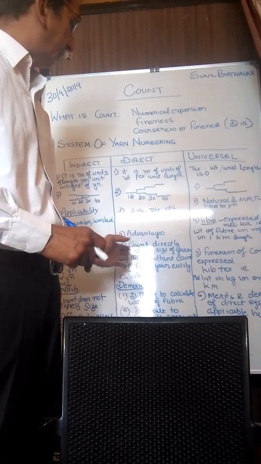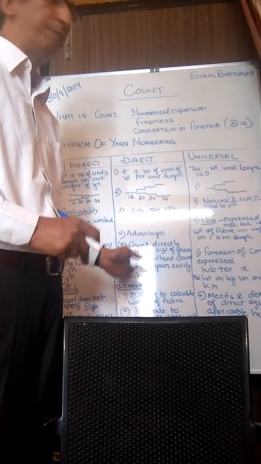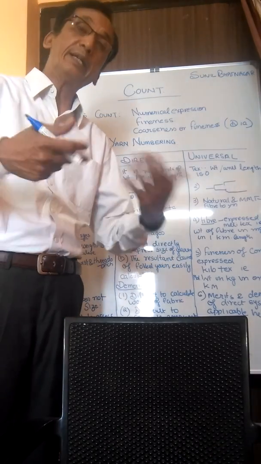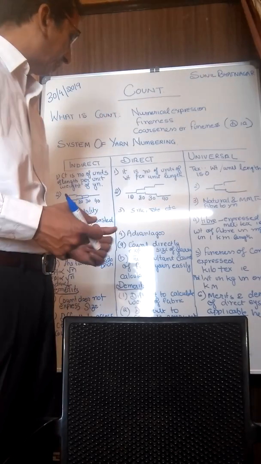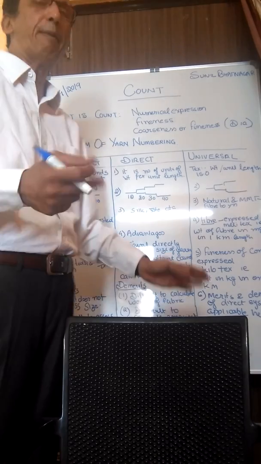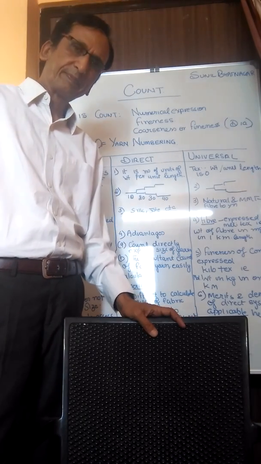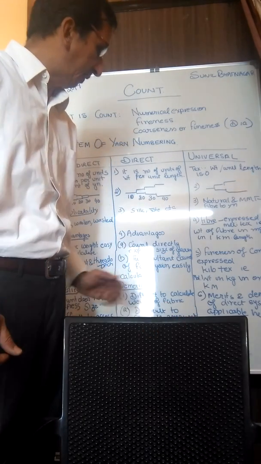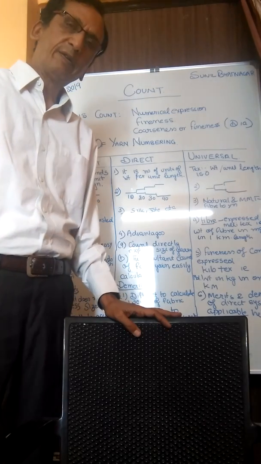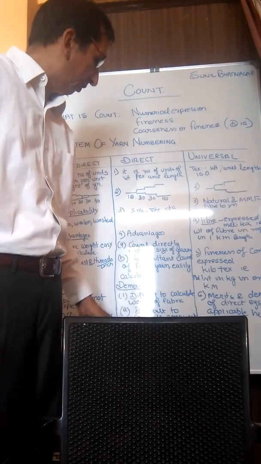Another advantage is that the resultant count of folded yarn can be easily calculated. But there are certain disadvantages of the direct system. The demerits are that it is difficult to calculate the weight of fabric easily, and the second is that it is difficult to calculate the amount of twist and the cloth setting.